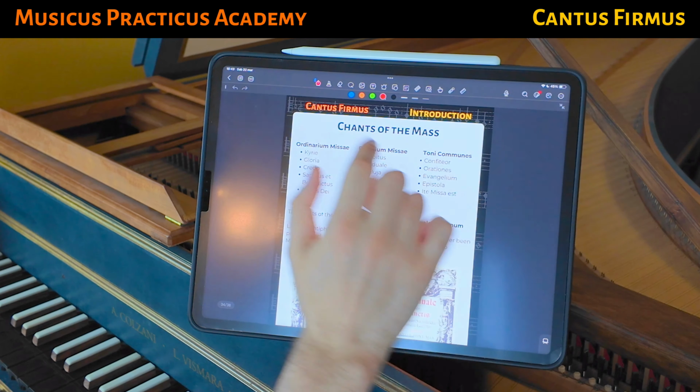In the education of the Renaissance musicus, which actually extends up to the beginning of the 19th century, after learning Solmization, Cantus Firmus was a very fundamental step. Cantus Firmus is the Gregorian chant as it was practiced in that period. But with Cantus Firmus we mean much more.